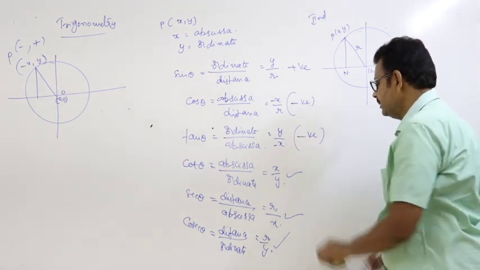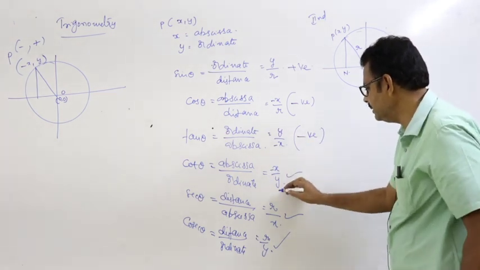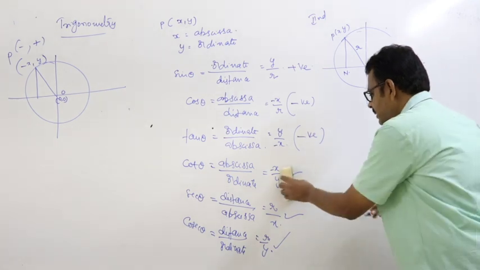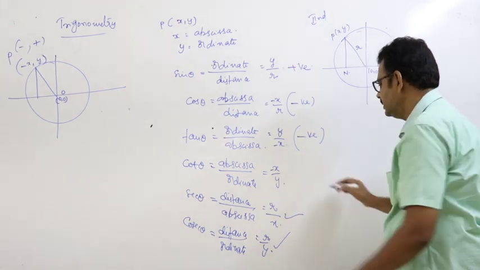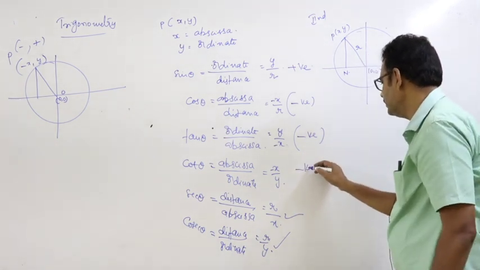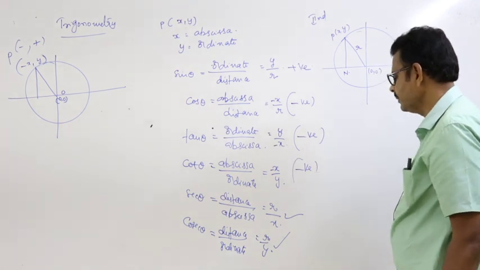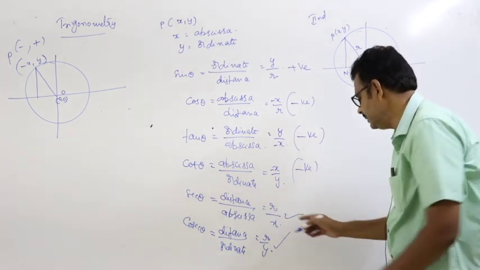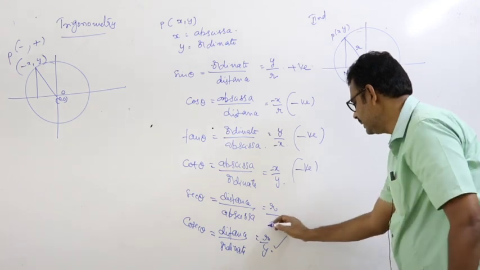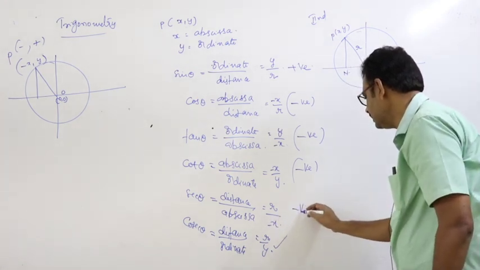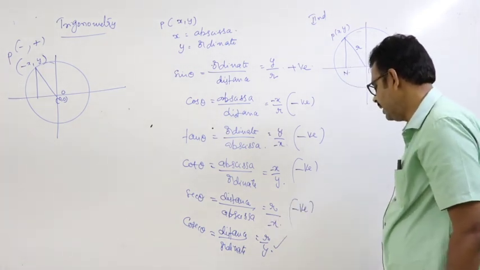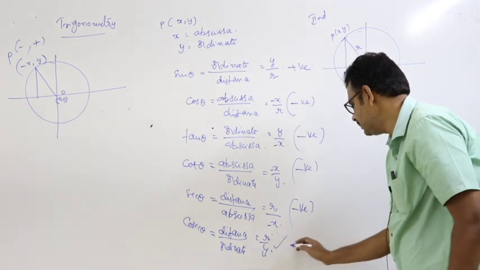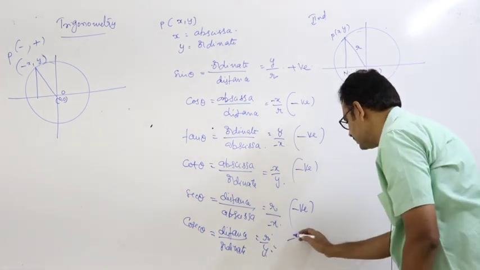Next one, cot theta is minus x by y. Minus x negative, y is positive. It is negative. Sec theta is r by minus x. So this is also negative. Cosec theta is r by y. R is positive, y is positive. This is positive.